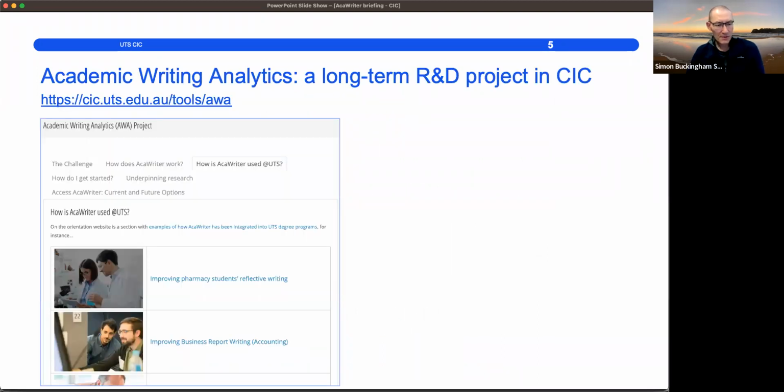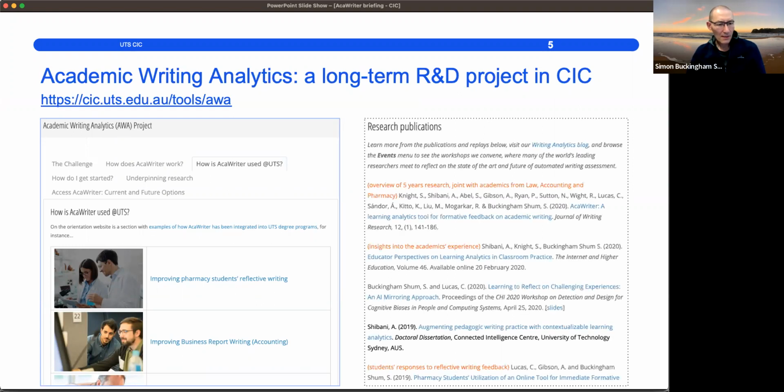And just for those interested, this is the Academic Writing Analytics Project here at the Connected Intelligence Center. It is a long-standing R&D project, researching how we develop these tools, how we work closely with academics to co-design them, and how we research the impact that these tools have on the teacher and the student experience.